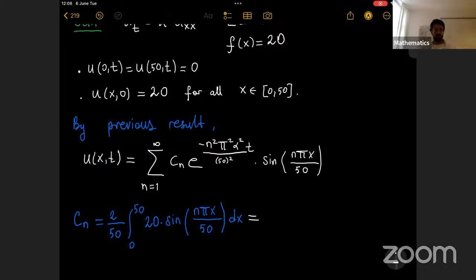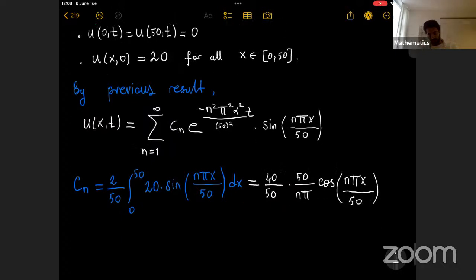It's a simple integration. Take this 20 out, 40 over 50. You integrate the sine function, so it's going to be 50 over nπ cosine(nπx/50). You plug x equal to 0 and 50.